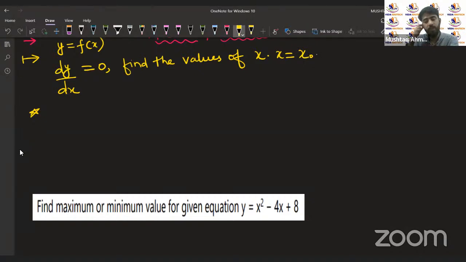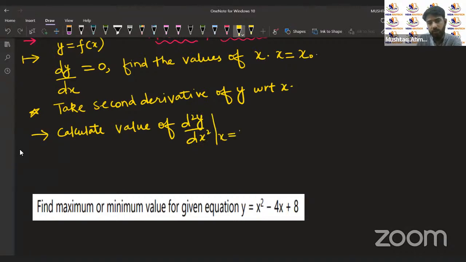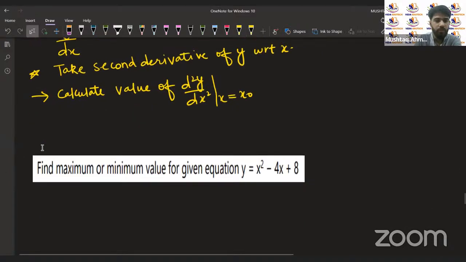Then to check whether the particular point represents a maxima or minima, we take the second derivative of y with respect to x and calculate the value of the second derivative, that's d2y upon dx square at x equal to x naught.